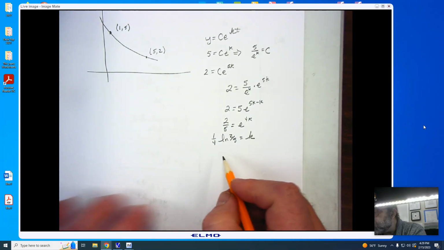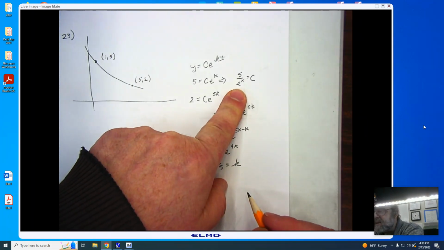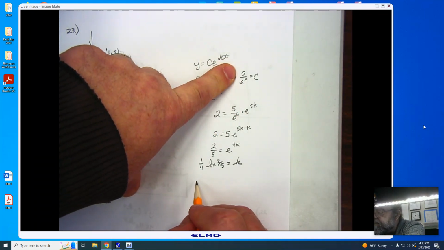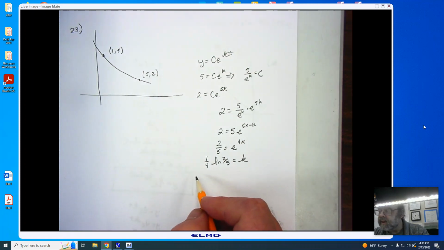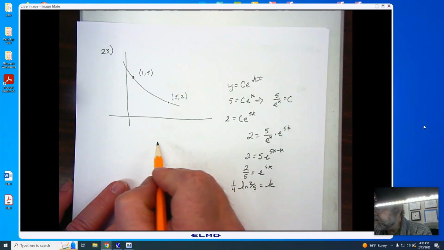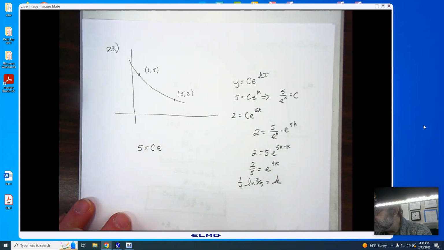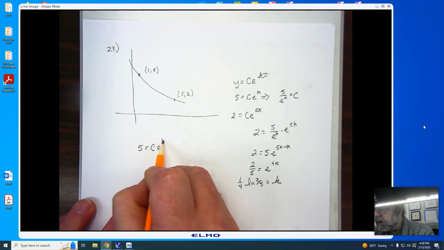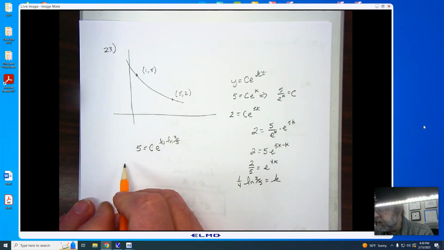Now, be aware that with this, I'm going to need to go back and figure out what c is. After all, according to my information, I would have 5 divided by, so I'm going to find out what that constant is. So let's do it this way. 5 equals ce to the k power, which is 1/4 natural log of 2/5.